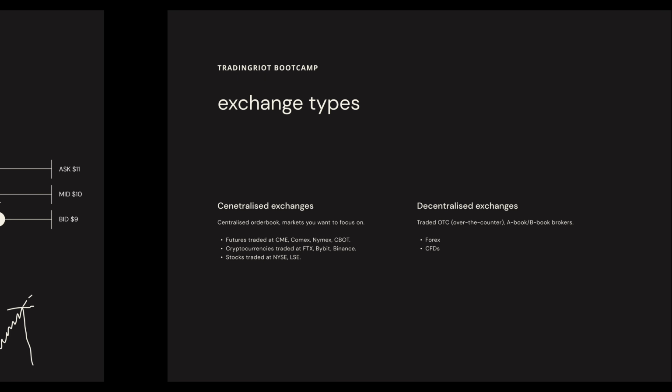And there is also a B-book model, which means that brokers are taking the counterparty of trades for their clients, which is not the best situation to be in, because obviously brokers can then widen the spreads during lower liquidity and stuff like that. So it's not really the best way to do it.